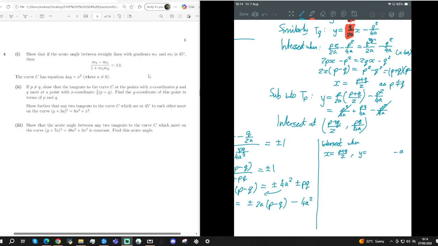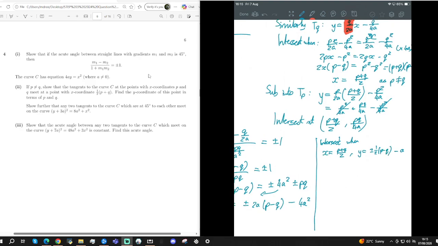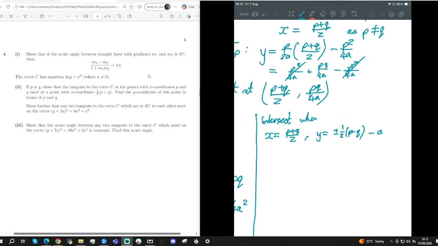Dividing the first part by 4a is plus minus a half p plus p minus q. That looks like it's actually made it worse. I've now got more ugly, unpleasant looking stuff, but maybe this will help me out.